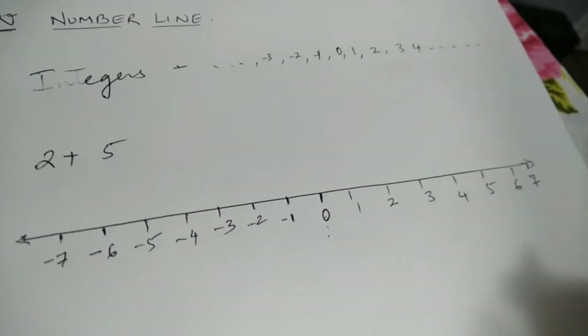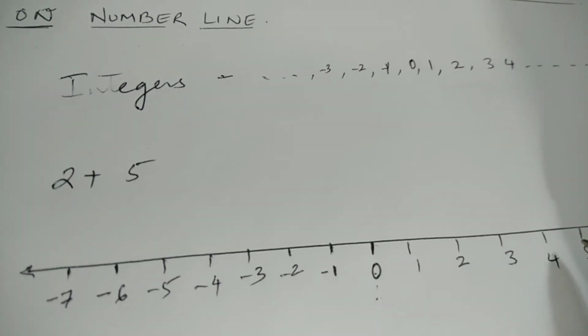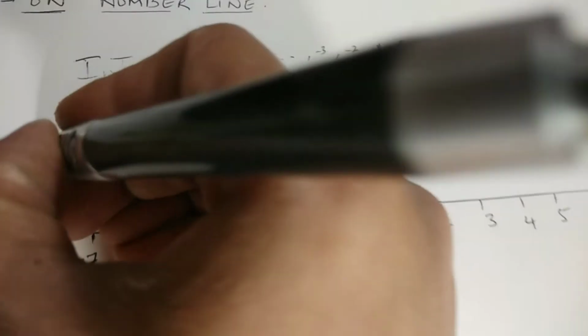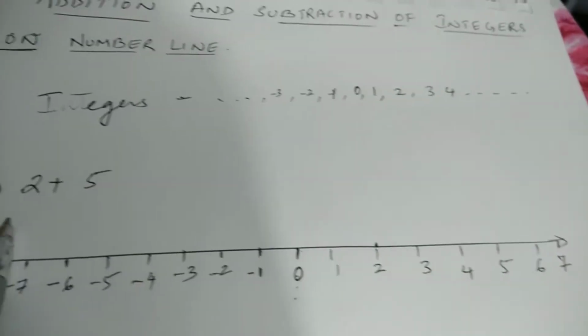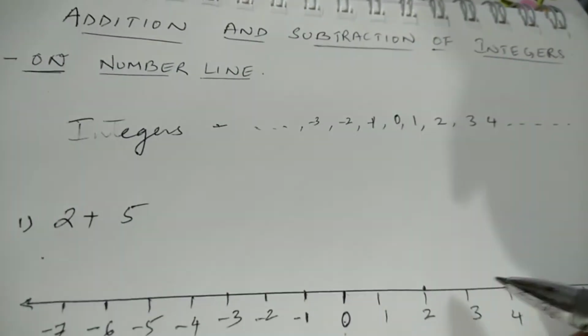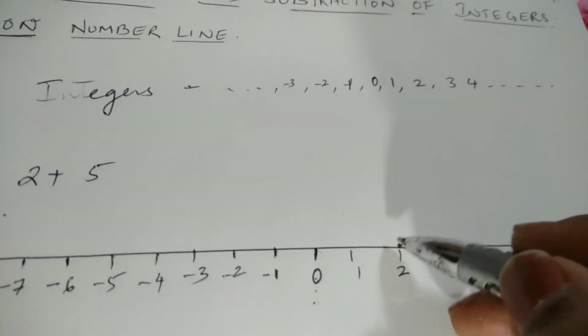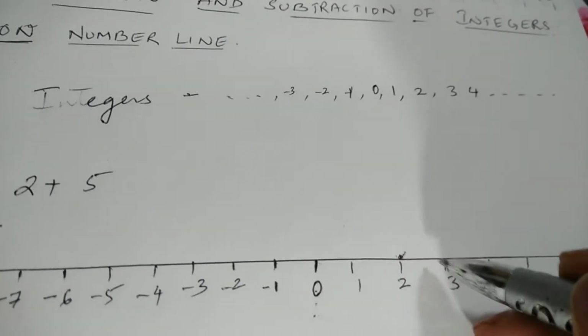Now we have both positive numbers, that is 2 plus 5. This is our first example. So 2 is over here, the first number of the addition, and we have to add 5 to it.